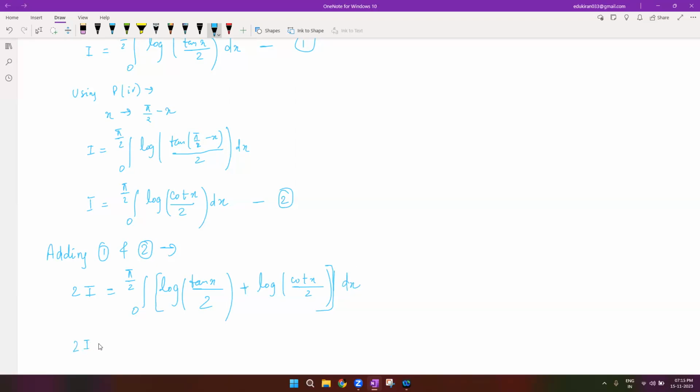Log A plus log B will be log AB. So this can be written as the integral from 0 to pi by 2 of log of tan x into cot x, divided by 4.